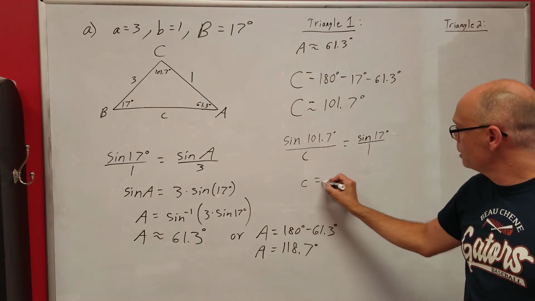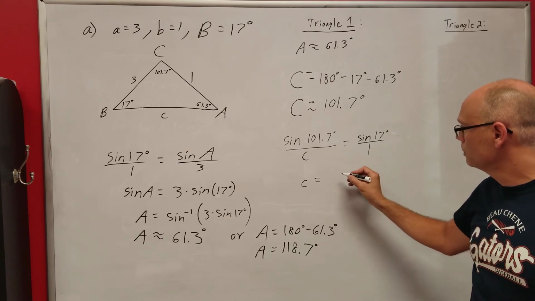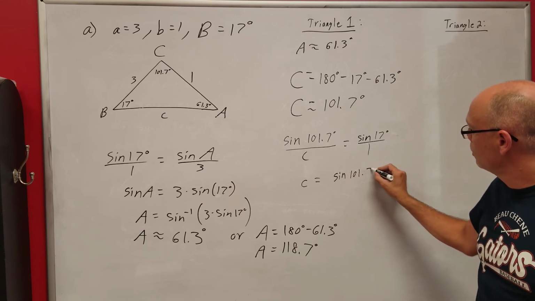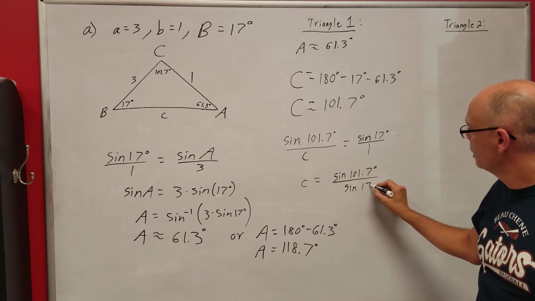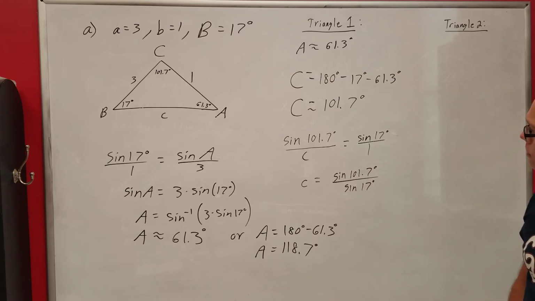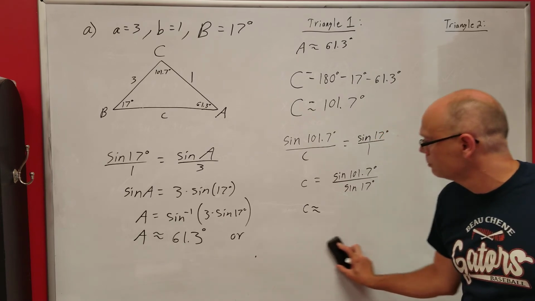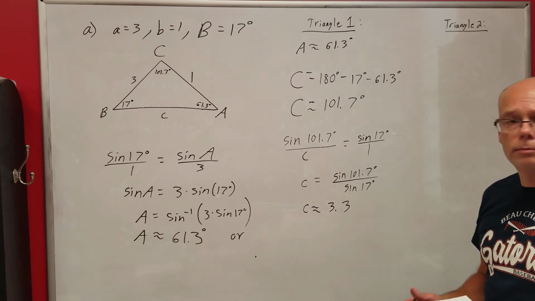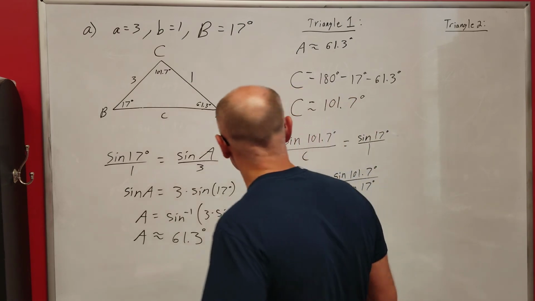Then we'll get C is equal to sine of 101.7 degrees over sine of 17 degrees. And if you do that calculation, you'll get C is approximately 3.3. All right, so that's the first triangle.